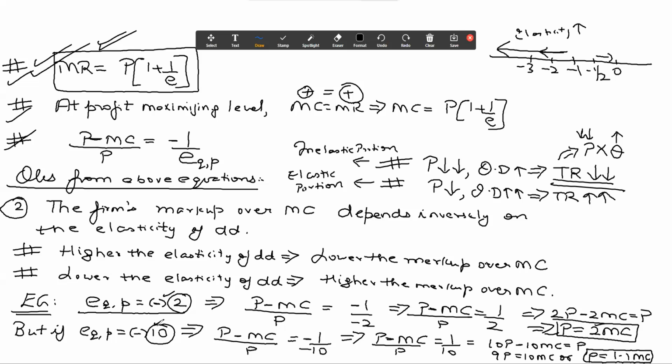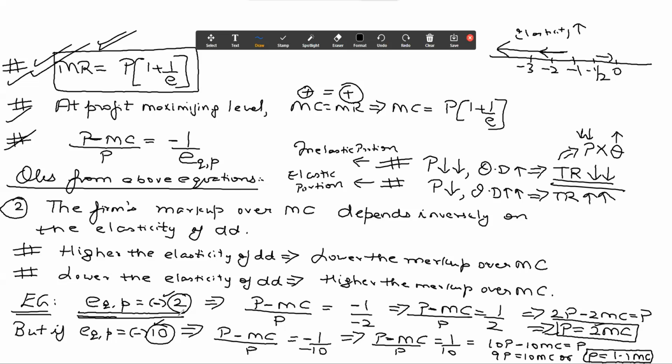When the demand is more elastic, then the gap between the price and the marginal cost will be very low. But when the demand is inelastic, the gap between the price and the marginal cost will be very high. So this is something you can see. When the elasticity was -2, price was double the marginal cost.